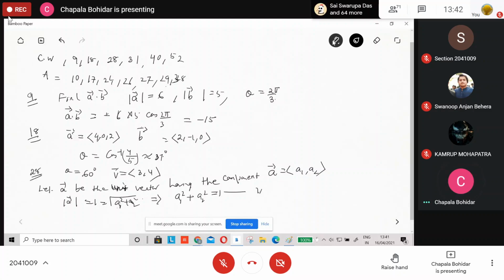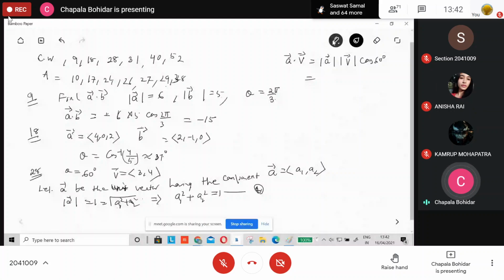A dot B is equal to absolute value of A into absolute value of B, then cos 60 degree. Am I audible? Yes, ma'am. Okay. Absolute value of A is 1. Absolute value of B is root over of 3 square plus 4 square, it is 25, so it is 5. And cos 60 degree is 1 by 2.